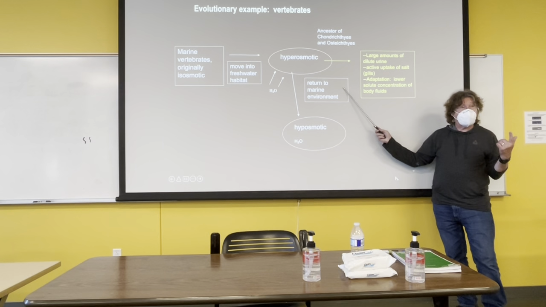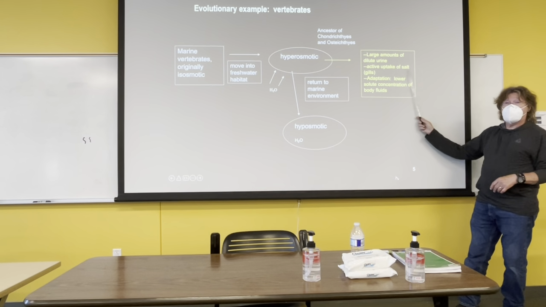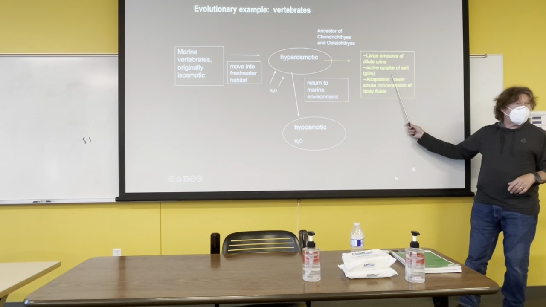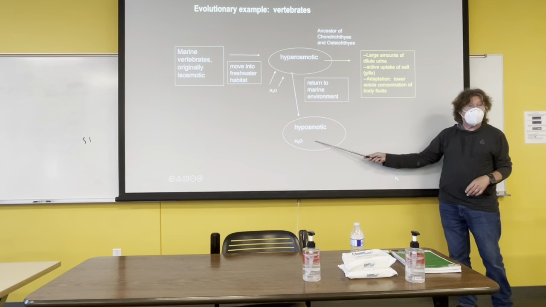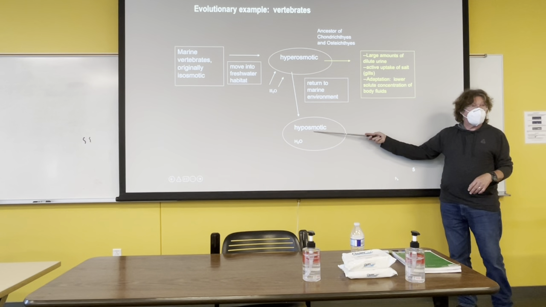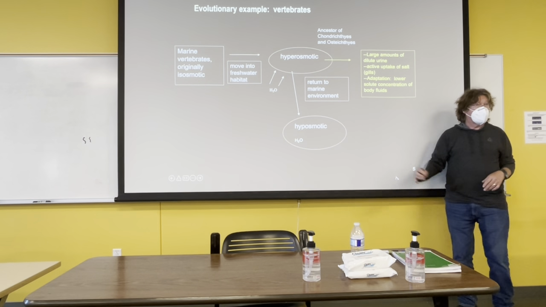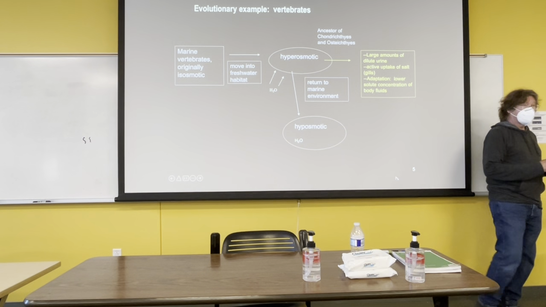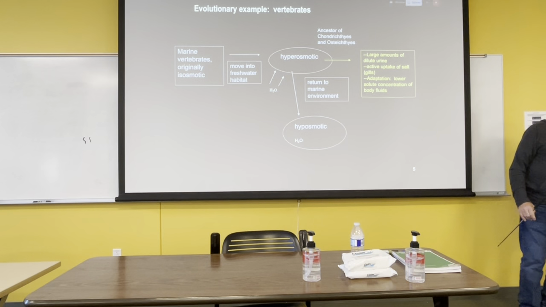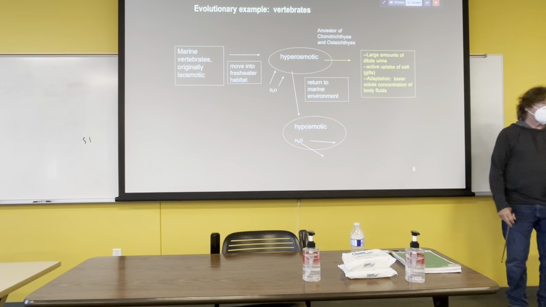Okay, now what's happening? They've undergone millions of years of reduction of solute concentrations, and they now return to the marine environment. They're now hyposmotic compared to the marine water. So what's going to be the problem here? Water will escape them. They have a tendency to lose water, okay?